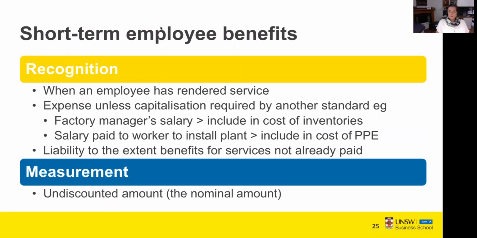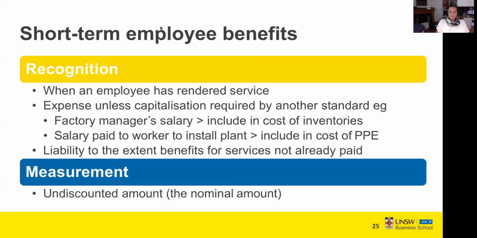So let's start with the short-term benefits. Short-term benefits are benefits which are going to be paid within 12 months. The expense associated with these benefits and the corresponding liability for a future amount which is owing to the employee will be recognised as the employee provides the service to their employer.